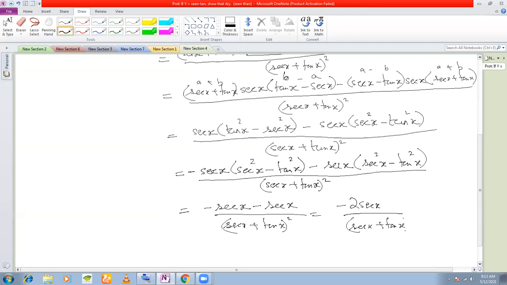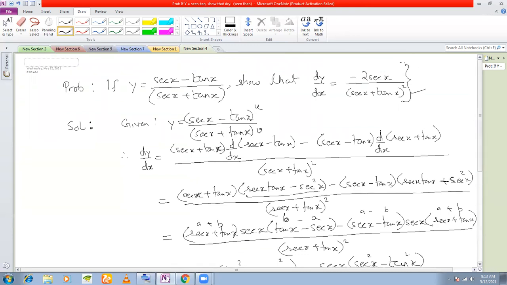There were actually much better ways of differentiating this, but in your proof part, they have given sec x plus tan x. Sec x plus tan x was here also, and here also. So there was nothing much that I could do other than differentiate that. Though if you change everything to tan and cos, you know what it will come to?